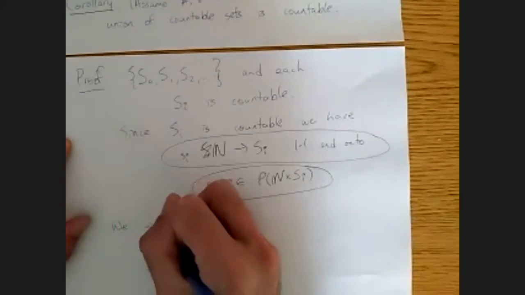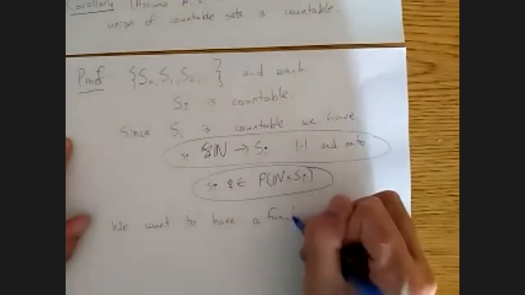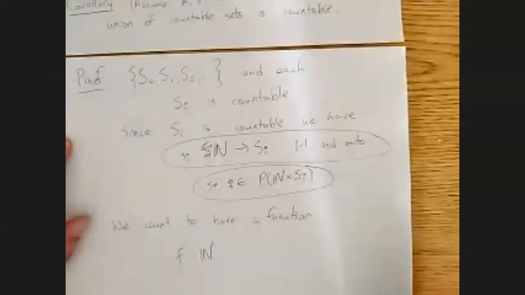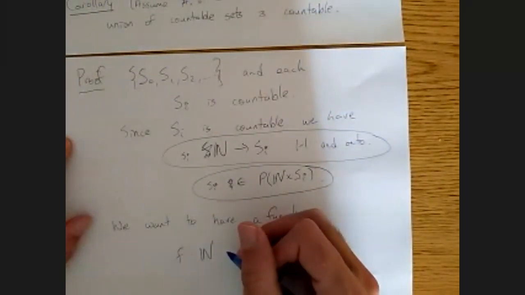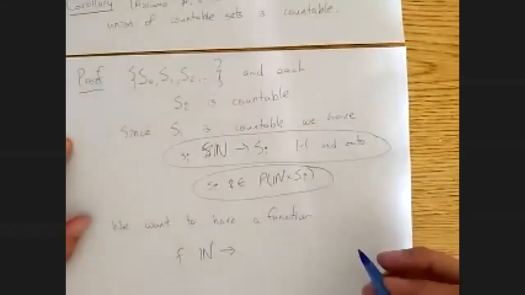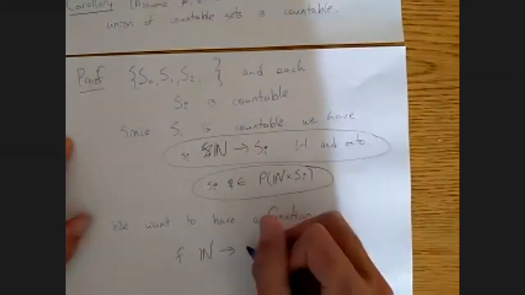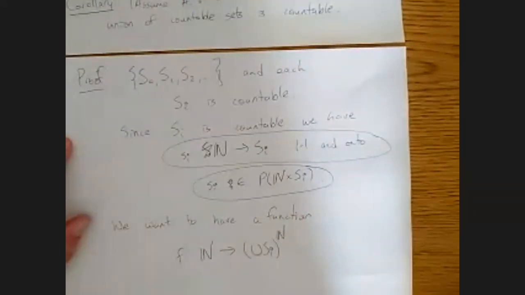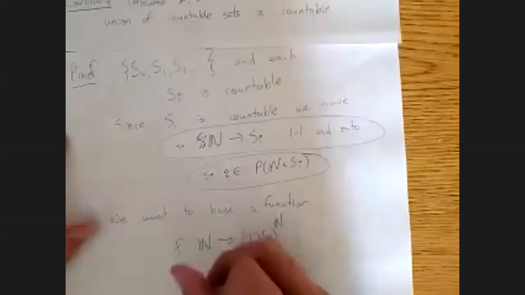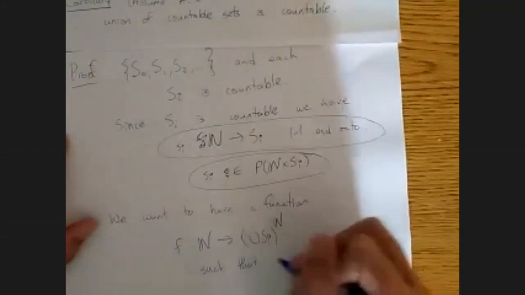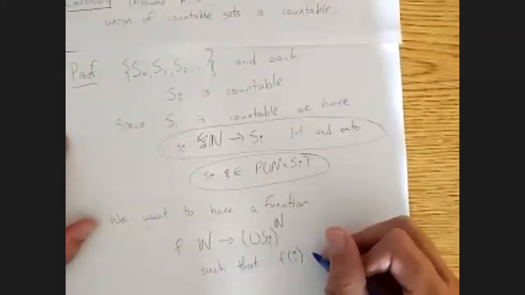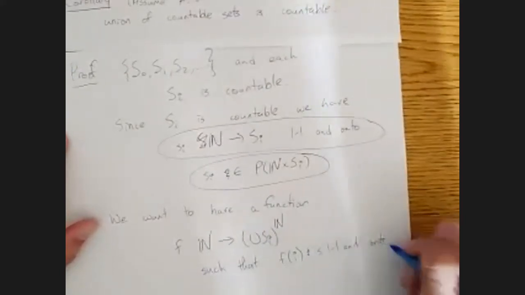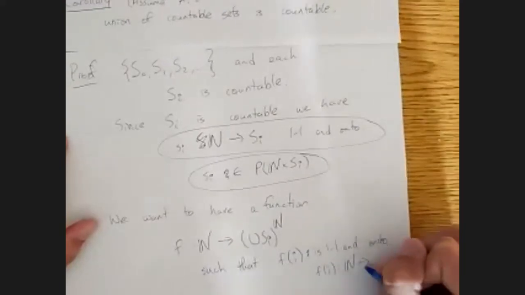So we want to choose a function f from the natural numbers to the set of functions from the natural numbers to the union of all the S_i, such that f of i is a 1-to-1 and onto function from the natural numbers to S_i.